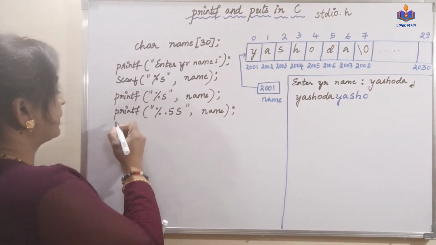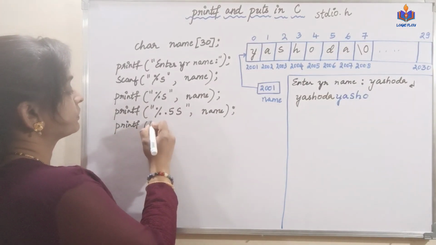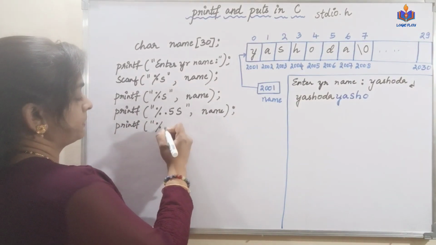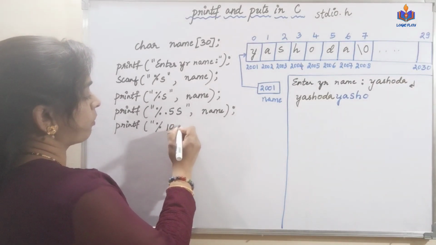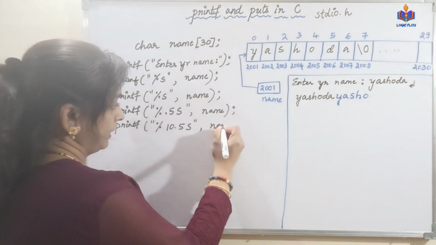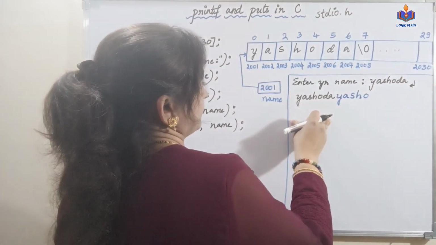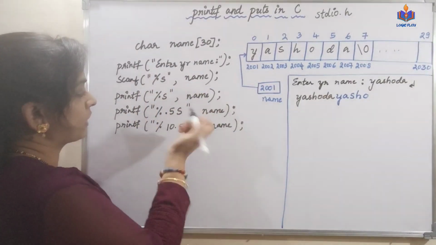You can also use the printf in the other way also. I say %10.5s, then name. So this is filling width. Actually, you can just have new line after this.